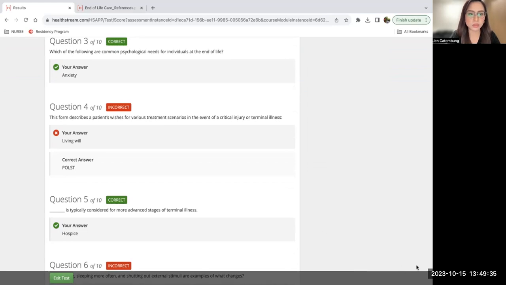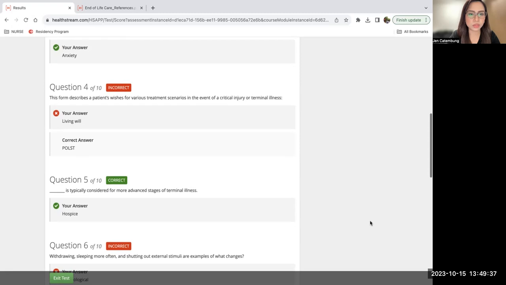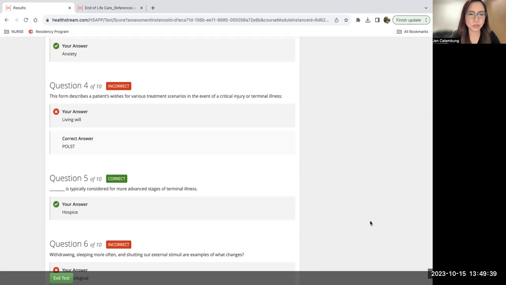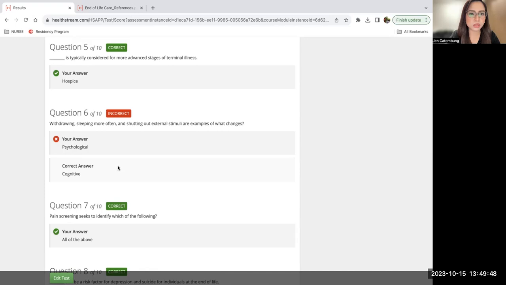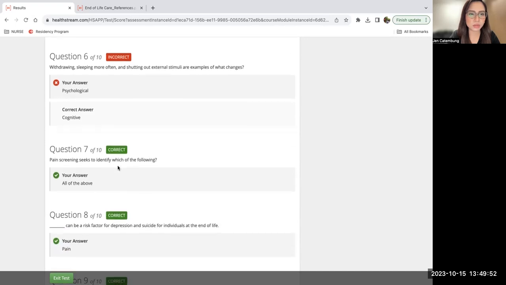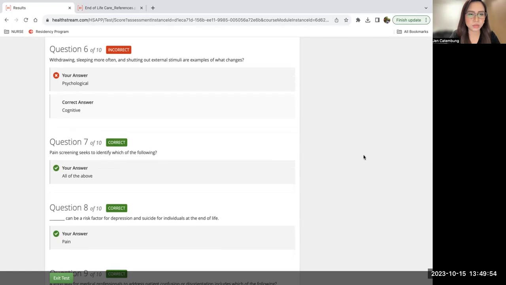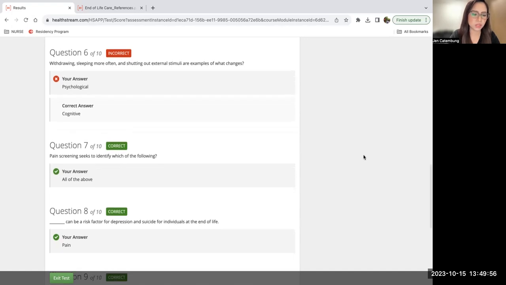This form describes a patient's wishes for various treatment scenarios. False. Okay. Number 5 is typically considered for more advanced stages of terminal illness: hospice, withdrawing, sleeping more often, and shutting out external stimuli.